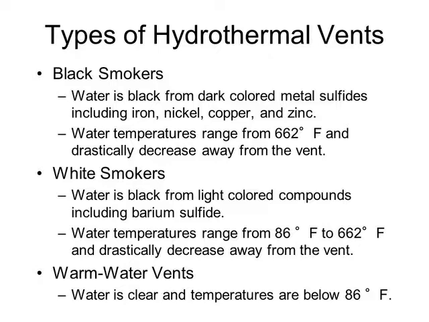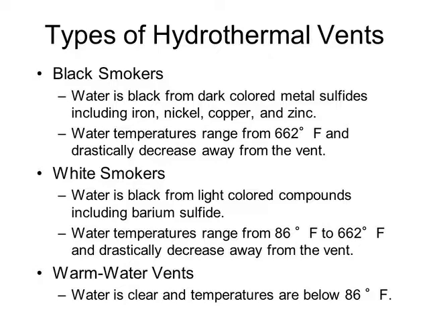They generally have temperatures of about 662 degrees Fahrenheit, but they will drastically decrease in temperature as you get away from the vent. The next type are white smokers, and these are similar to black smokers, except the water that's coming out of the vent is white in color. These typically have components like barium sulfide, so you're not going to find a lot of iron, nickel, copper, or zinc.